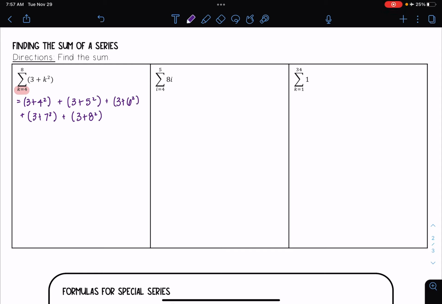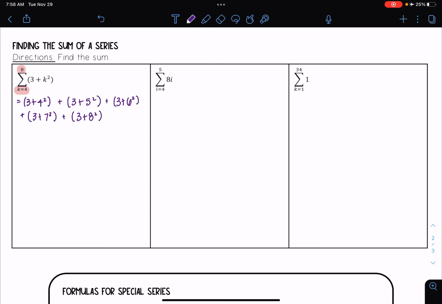And then I stop there, and that is because my ending term is when k is equal to 8. So I start at my starting point, k equals 4. I add 1 to k each time until I get to the upper limit of summation, which is 8. And I'm adding those terms each time.